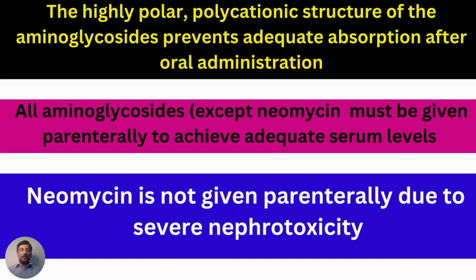Neomycin is not given parenterally due to severe nephrotoxicity. This is a very severely nephrotoxic drug. So this drug is not given parenterally, while the other aminoglycosides must be given parenterally to achieve the maximum serum level.